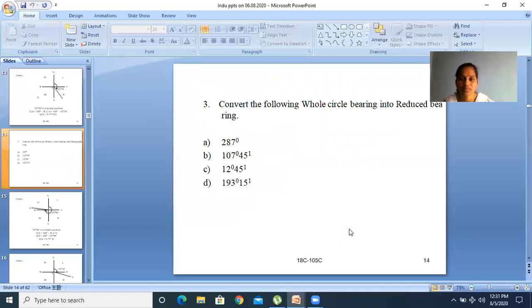Then the third sum: convert the following whole circle bearings into reduced bearings. The first one is 287 degrees. The second one is 107 degrees 45 minutes. The third one is 12 degrees 45 minutes. The fourth one is 193 degrees 15 minutes.